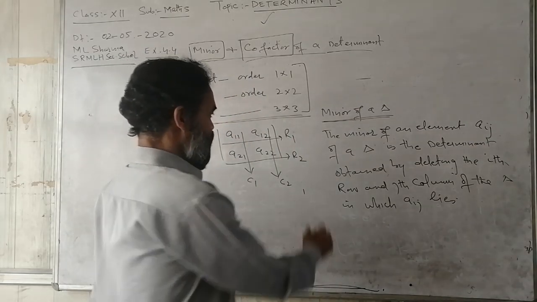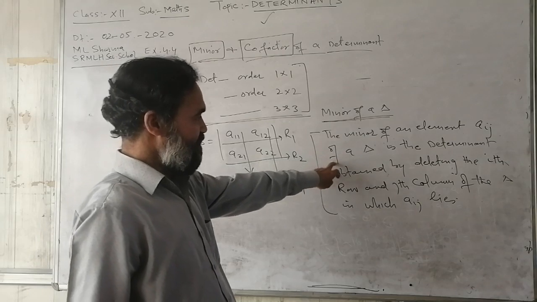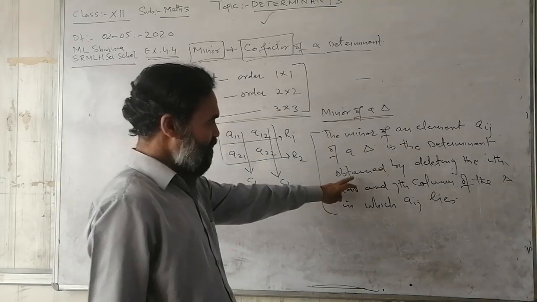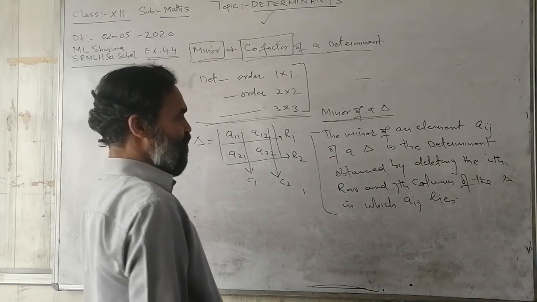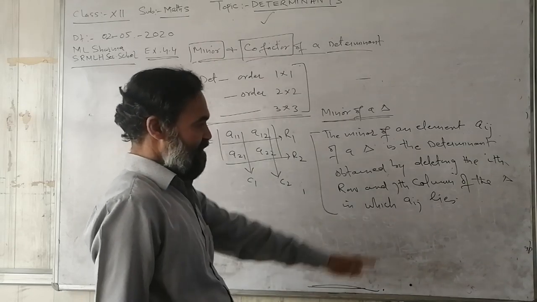So minor of element Aij of determinant is the determinant obtained by deleting the ith row and jth column of the determinant in which Aij lies.